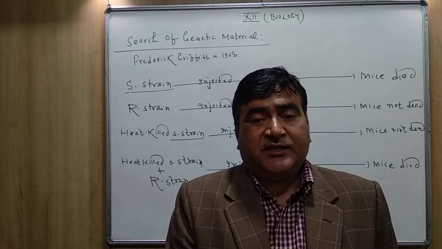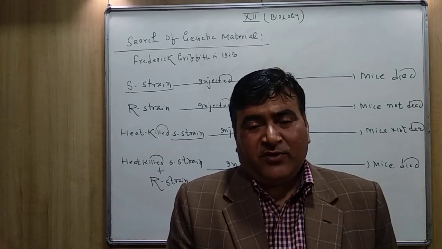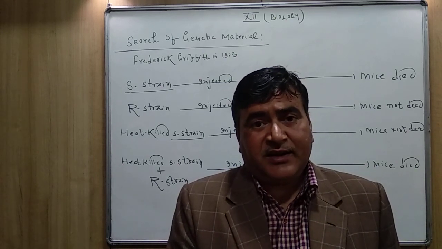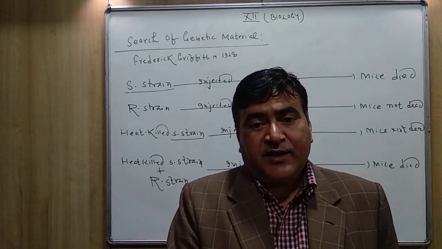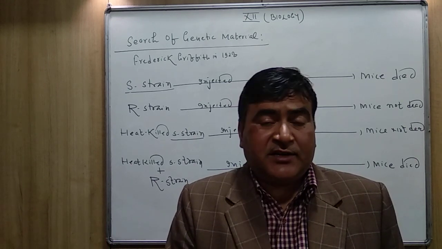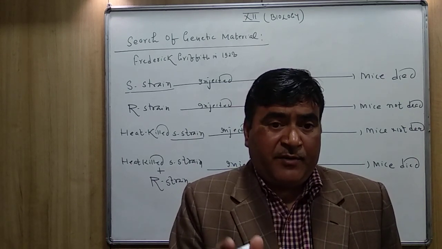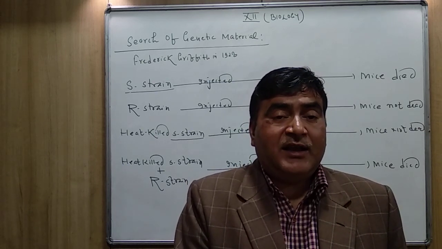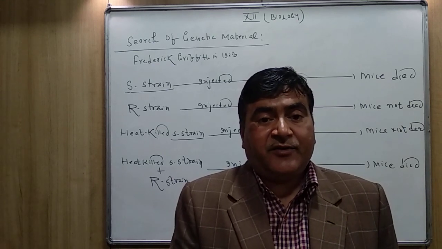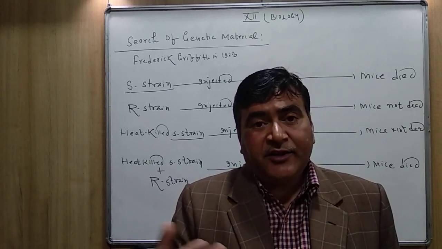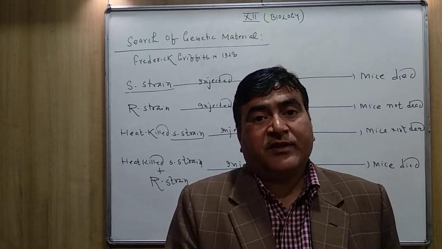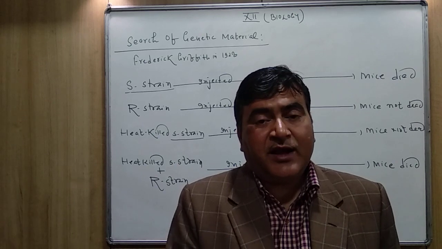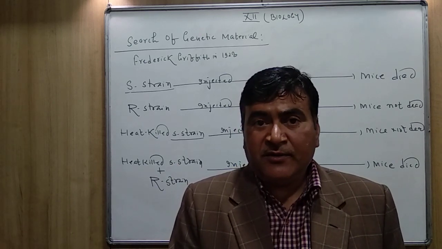Some of the genetic material, or actually he used the term transforming principle, that some of the transforming principle may have been transferred from heat-killed S strain to the R strain, and later on R strain may be converted into the S strain, and that's why the mice could have died because of the pneumonia.